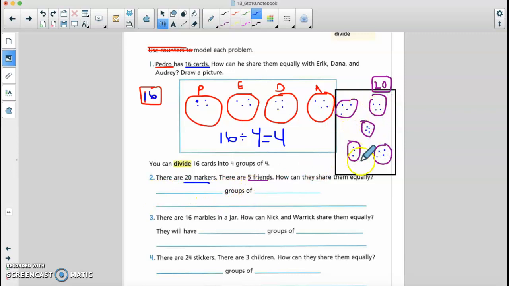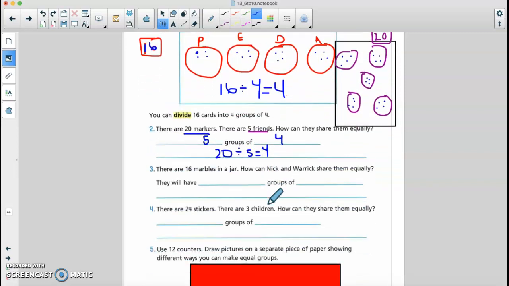Well, I had 5 groups. It already told me. So the answer here is 5 groups of, and how many are in each group? 1, 2, 3, 4. There's 4 in each group. So now it wants you to write out on this line the division problem. So I would say 20 divided by 5 equals 4.